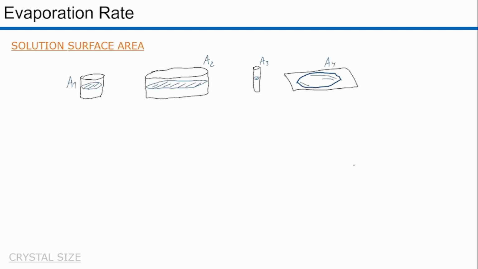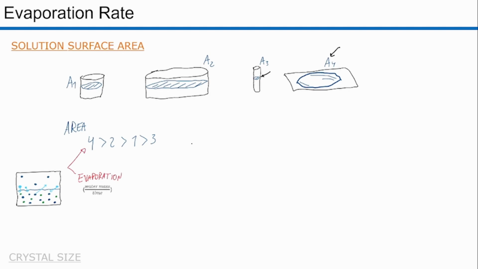Okay, we have a higher surface area in this scenario over here, with just water over a sheet, and the smaller surface area would be this one on a thin tube. So, as evaporation is quantified by water mass evaporating over time, we might conclude that the more water we evaporate, the bigger the surface area.